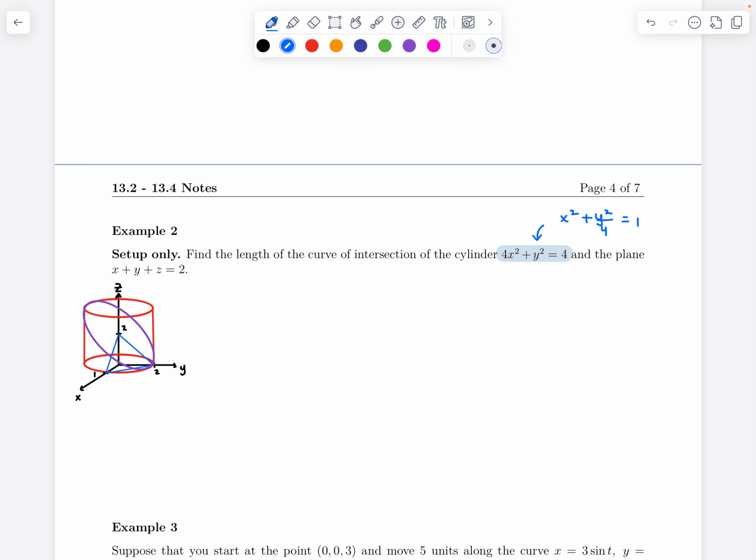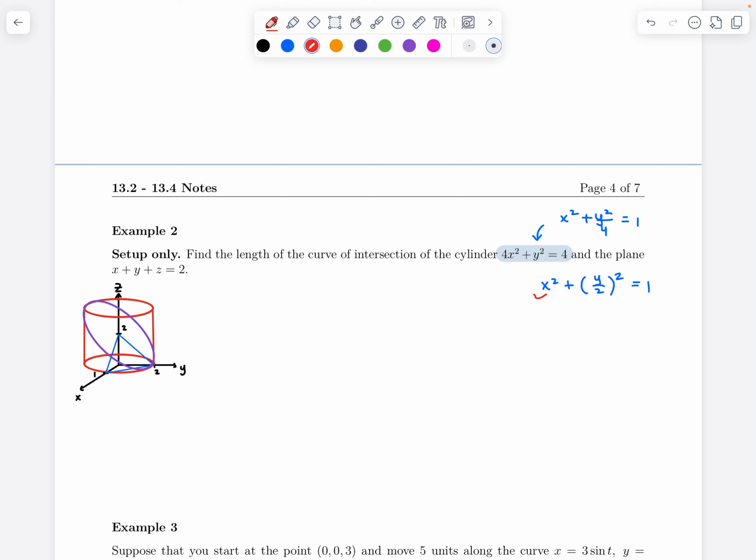So what we're going to do first is we want to leverage our sine squared plus cosine squared equals 1 formula. And to do that, we're going to instead rewrite this equation as, you can think of the y squared over 4 term as being y over 2 squared, which is equal to 1.